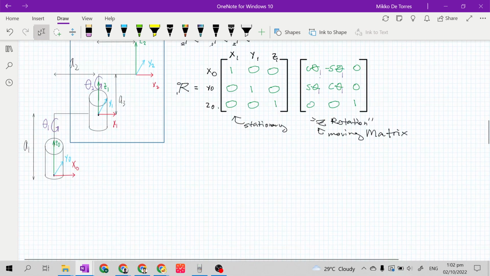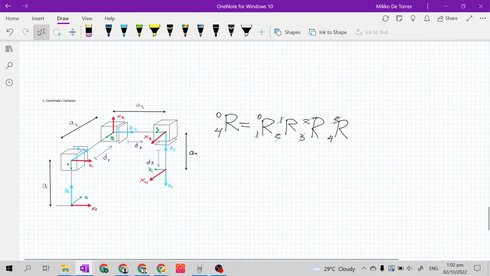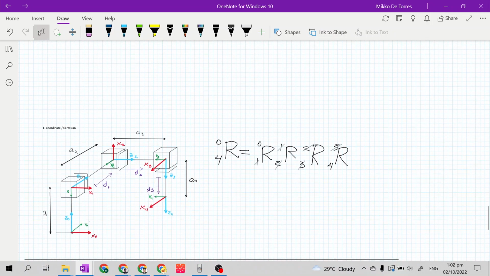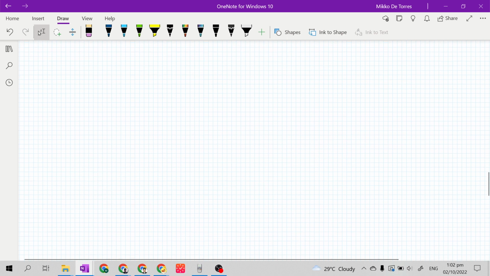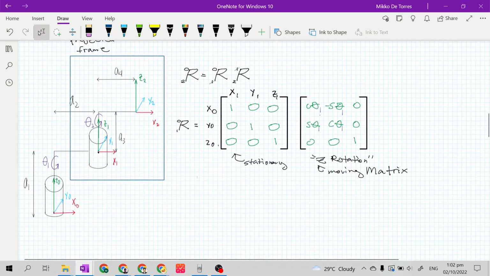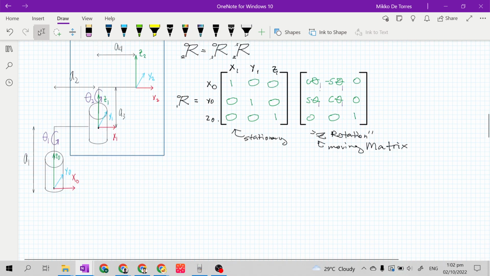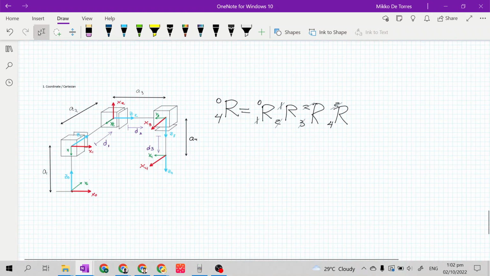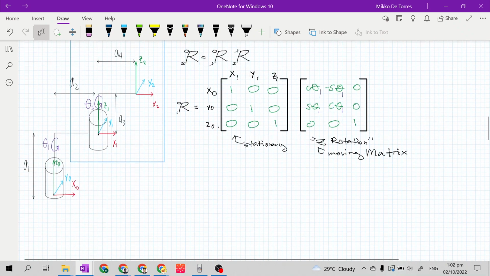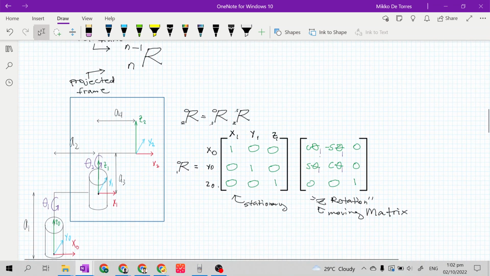So if you learned and understand the DH frame rules, you will understand why we have frames with the same direction of axis and frames which do not have the same direction of axis. Because these are all the same, we can copy this for R12.